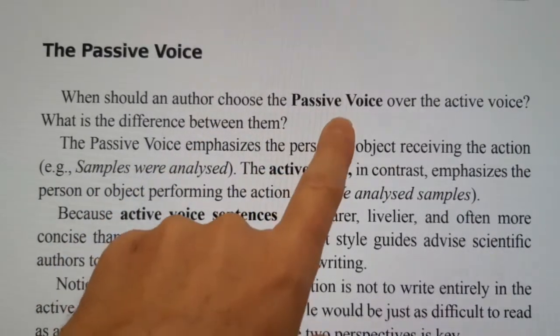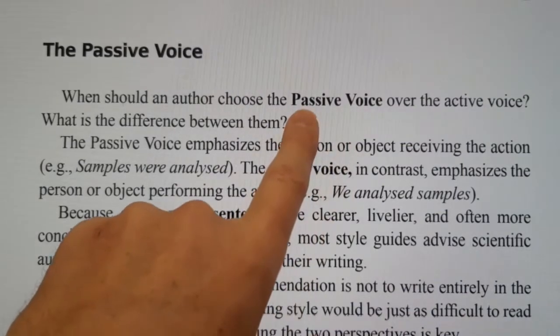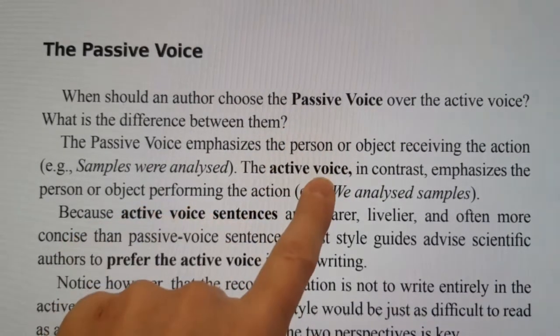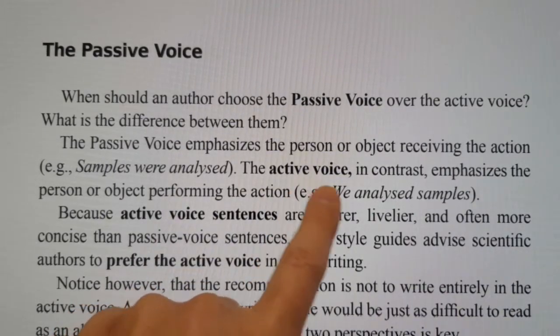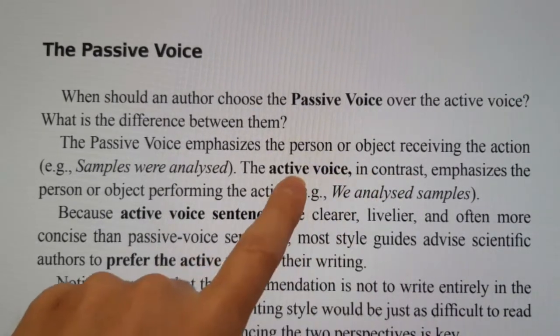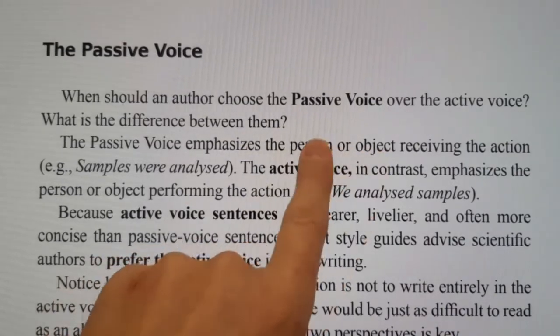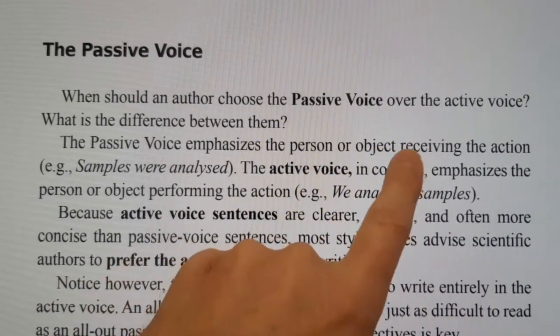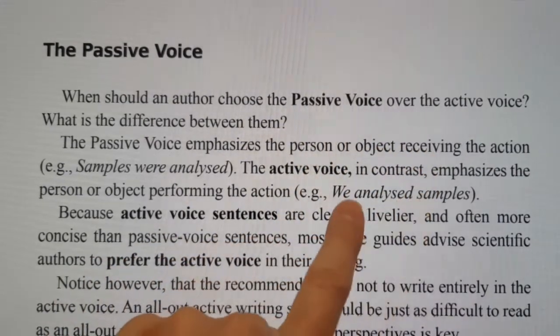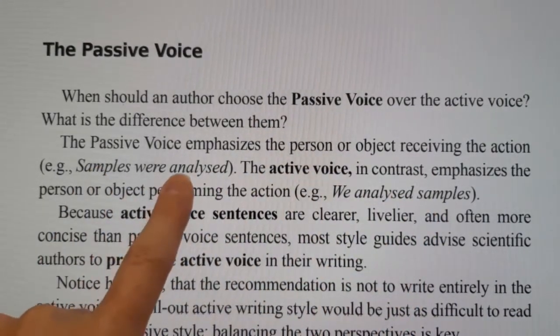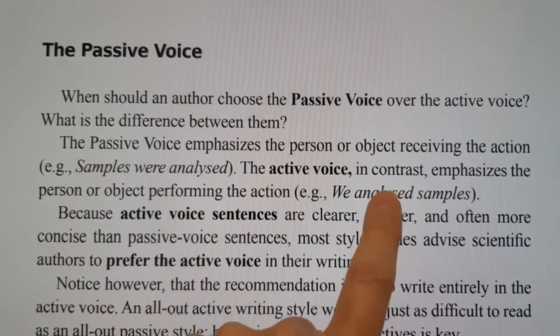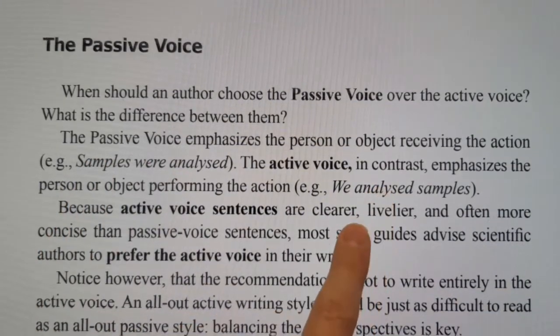Now the passive voice is when something is being done to the object, and active voice is when we or a person is doing something. So it emphasizes the person rather than the object receiving the action. So we analyzed samples rather than samples were analyzed. So passive voice, active voice.